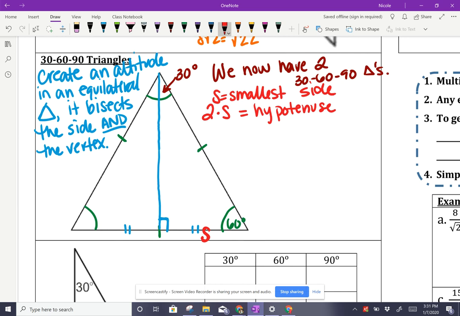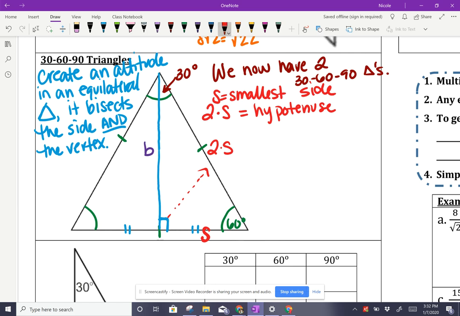So across from your right angle is your hypotenuse. And so what about my third side? I'm going to call that side B right now, the altitude. How are we going to write this in terms of S? That way, if I just know one side, I can find the two other sides.